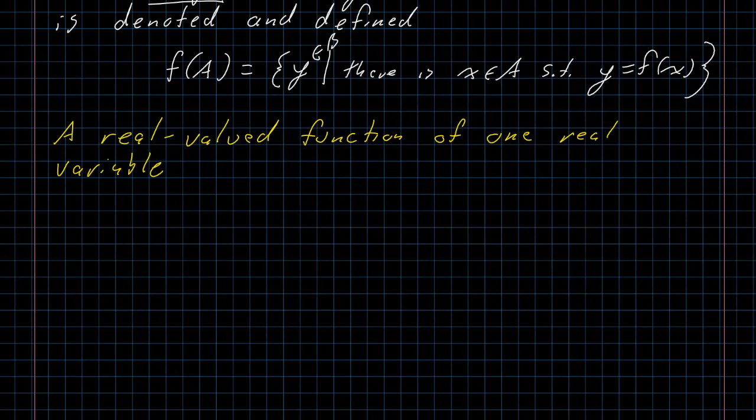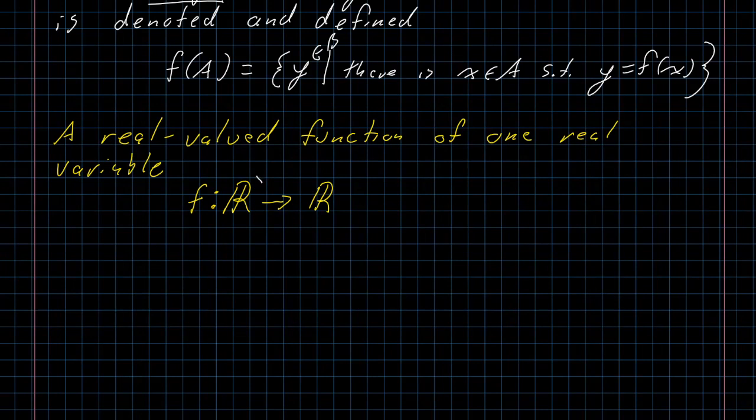And even in Calc 2, you start to mention a little bit about integer variables and integer valued functions, anyone who's going onward to something like a discrete math course. But a real valued function of one real variable is a function whose domain is the real numbers and whose codomain is also the real numbers.